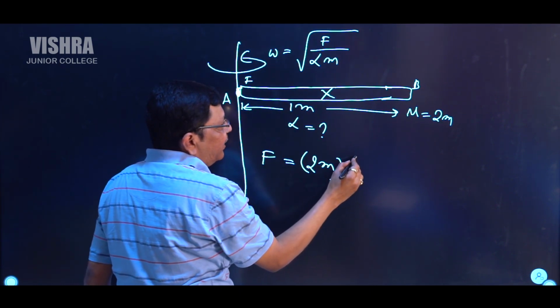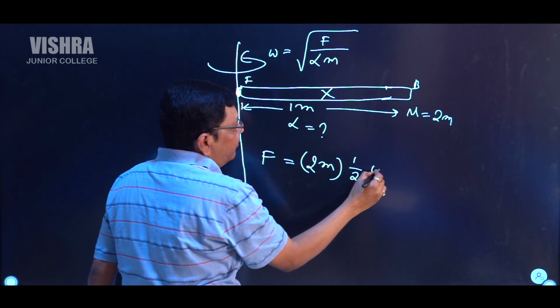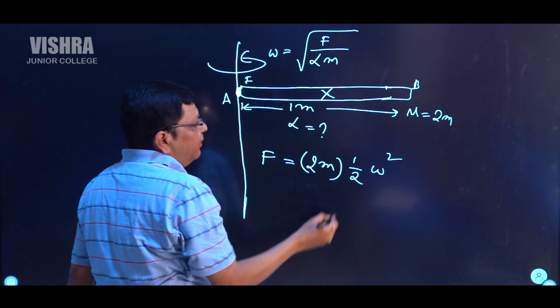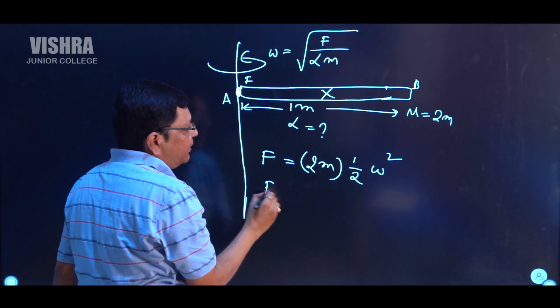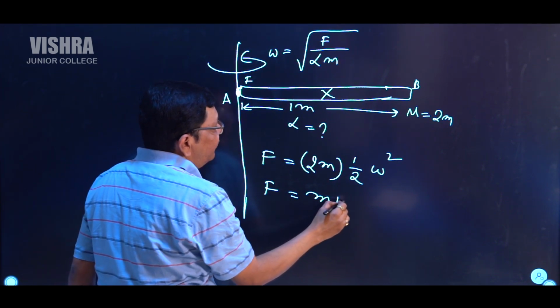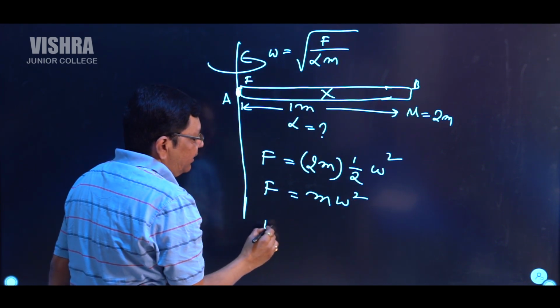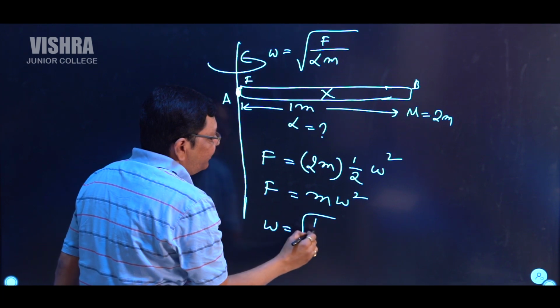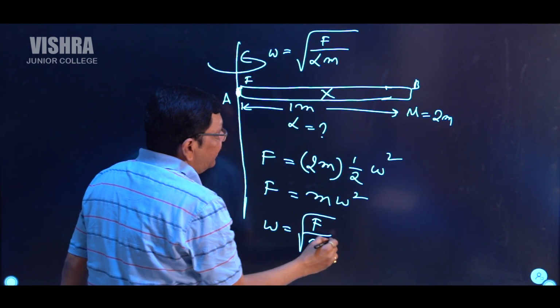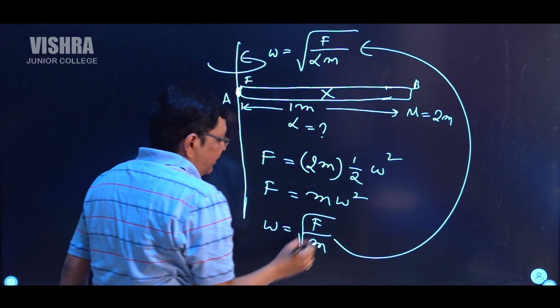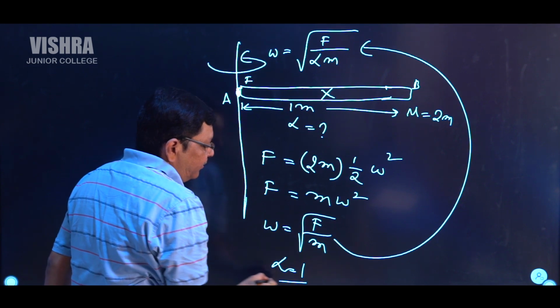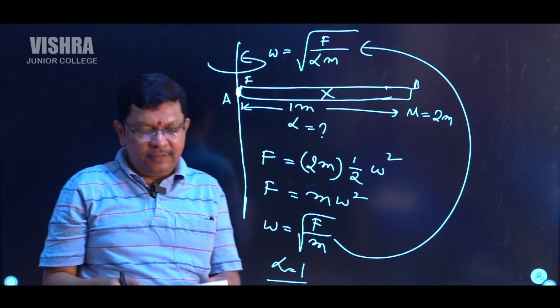So m r omega square, where r is 1 by 2, multiplied by omega square. From this, the 2 gets cancelled. Then F equals m omega square. Omega is under root F by m. Comparing this with the given data, we can say that alpha is equal to 1. So this is the answer for this question.